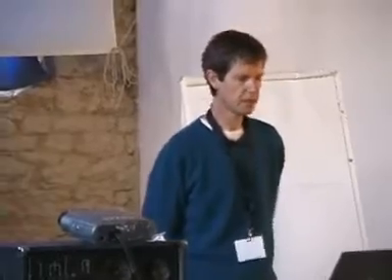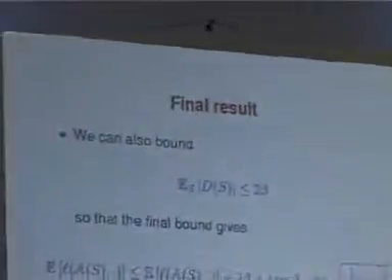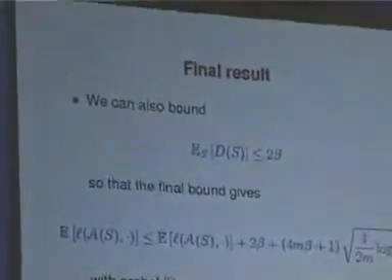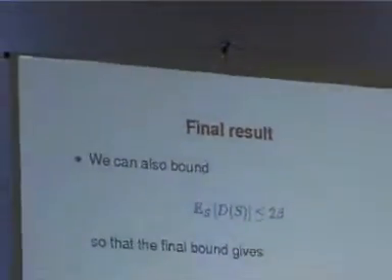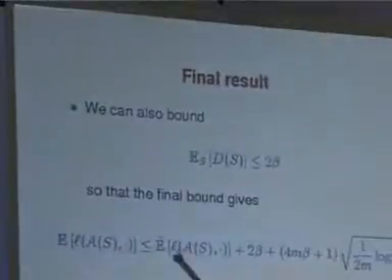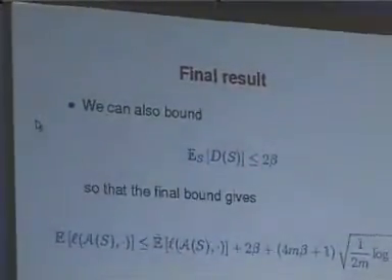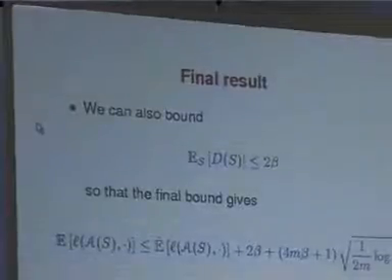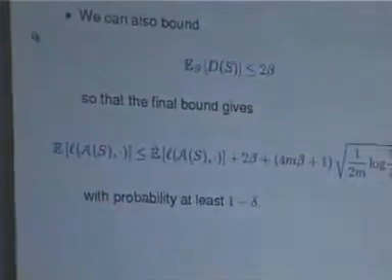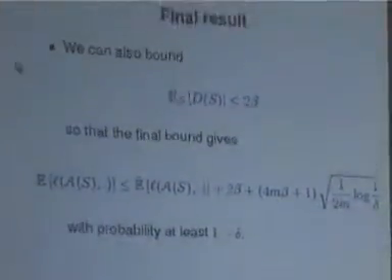Anyway, putting it all together, this now gives, because remember D of S was just the difference between the true expectation of the loss and the empirical estimation of the loss, a complete bound: the true estimation, the empirical estimation, the 2 beta from here, and the previous bit we got from before. This holds with probability at least 1 minus delta, so this is a nice generalization bound.